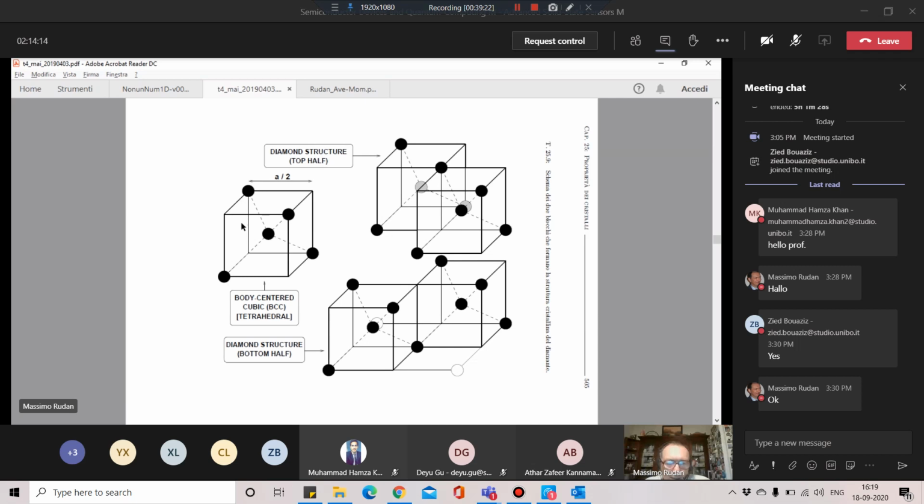Consider for the moment the portion of the figure on the left.